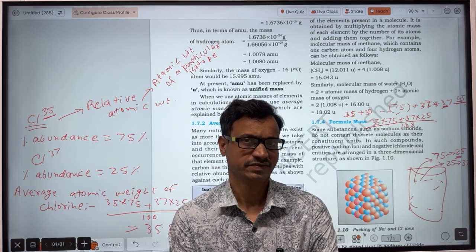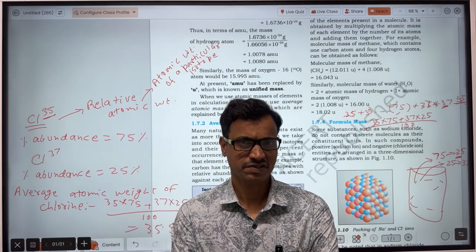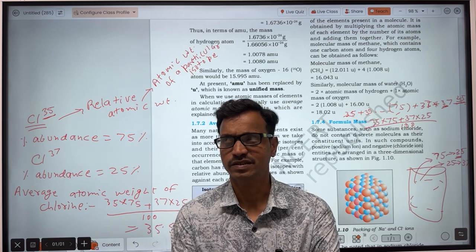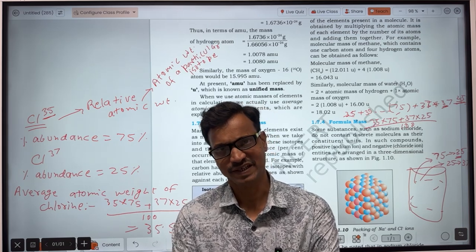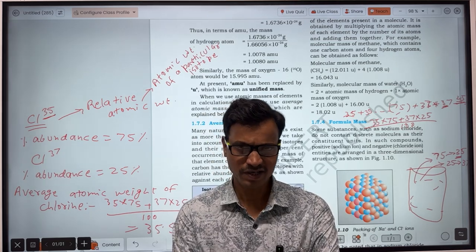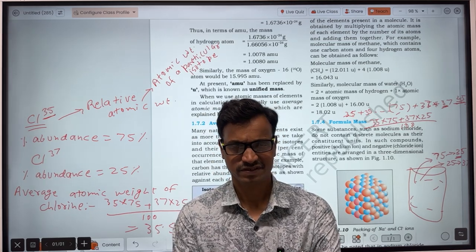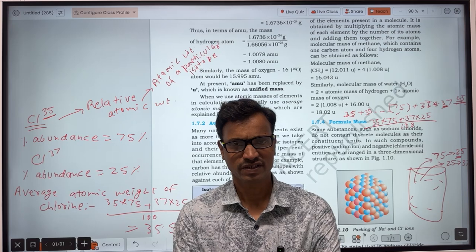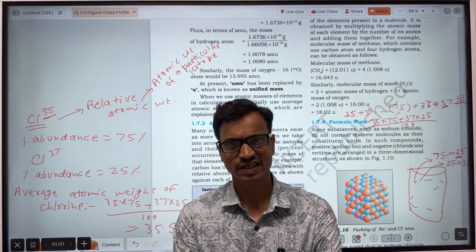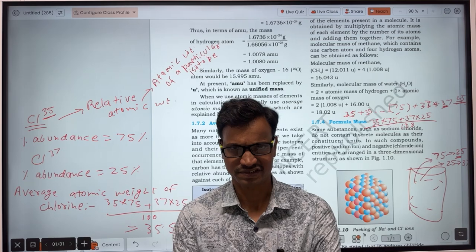Just like 1 dozen is equal to 12, so the cost of 1 dozen bananas means the cost of 12 bananas. Same here, weight of 1 mole of oxygen atoms means weight of 6.023 into 10 power 23 atoms of oxygen.